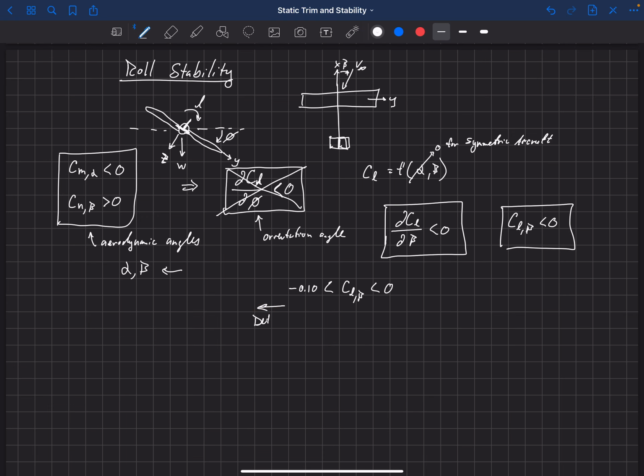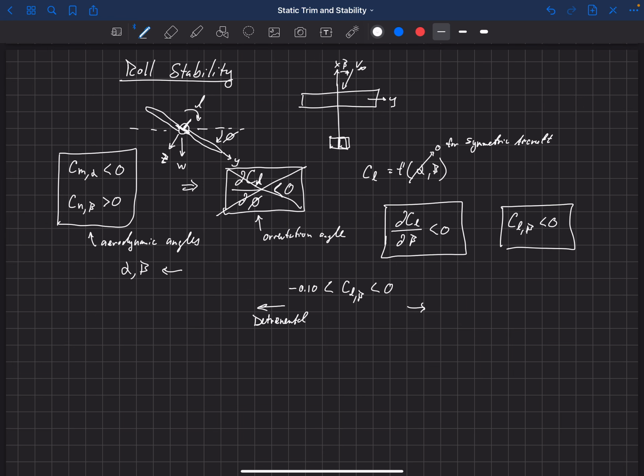This can be detrimental. And also you don't want to get too far in the other direction, because that can also be detrimental. So there's a sweet spot, but again, it depends on the aircraft, the mission, and the pilot, and we'll learn more about that. It also depends on some of the dynamics of coupling between roll and yaw. So we'll get into that more later.